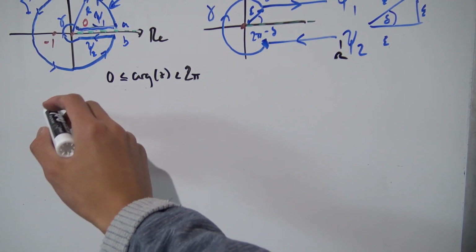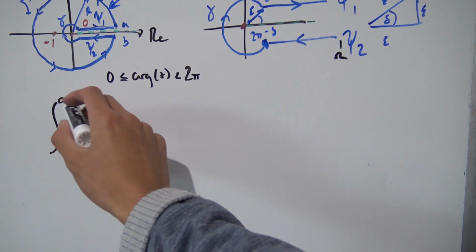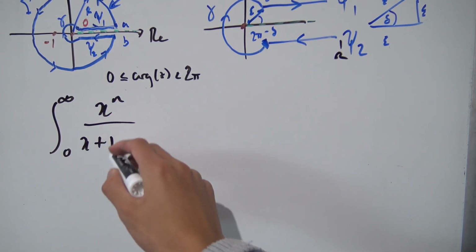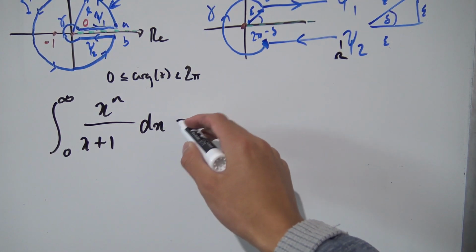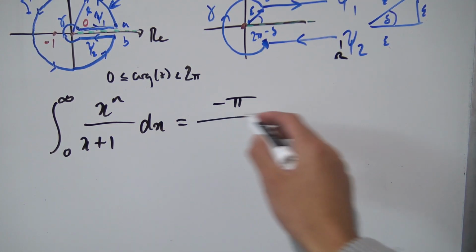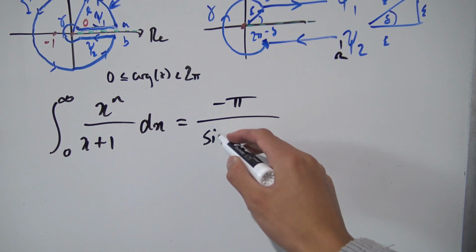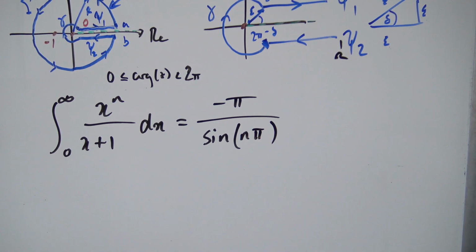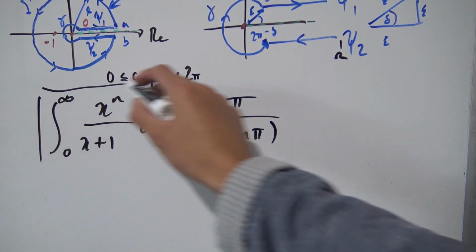So overall, the integral from 0 to infinity of x to the n over x plus 1. Remember that was our I, but our I was negative pi over the sine of n times pi. And yeah, that is the final result for today's integral.